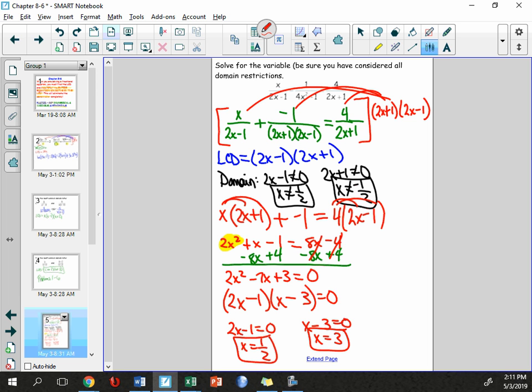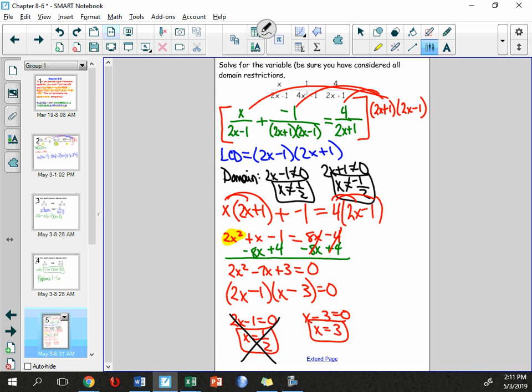It's not allowed to be 1/2, because that's part of my domain restrictions. My domain restrictions tell me right there it's not allowed. So that means the only answer I have is going to be 3. Do we understand? 1/2 is an extraneous solution. It appears to work algebraically, but when you plug and chug it back in, it will not give you the right answer.